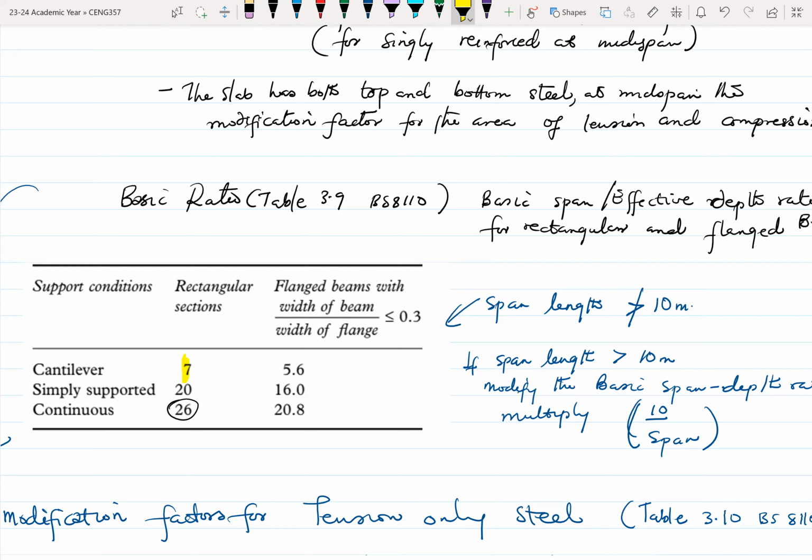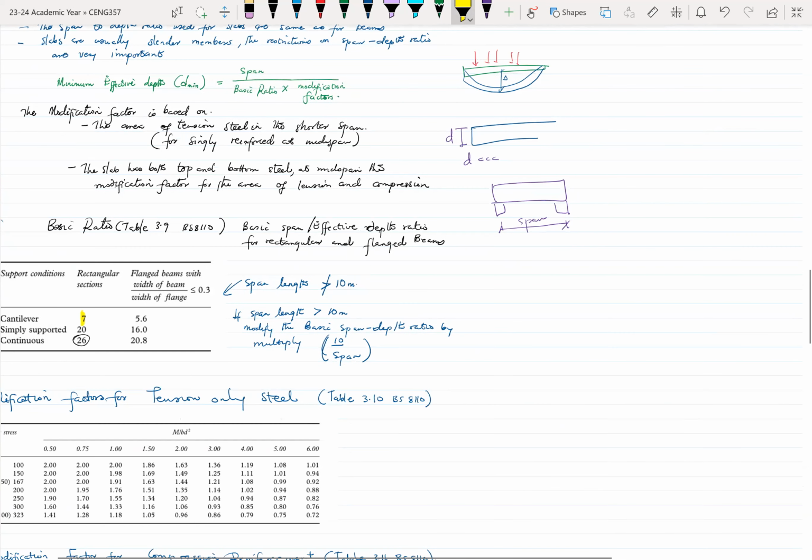So normally when we are dealing with design, since I'm using a cantilever, let me go with that. Let's say you have a cantilever, and the span is maybe 6 meters.